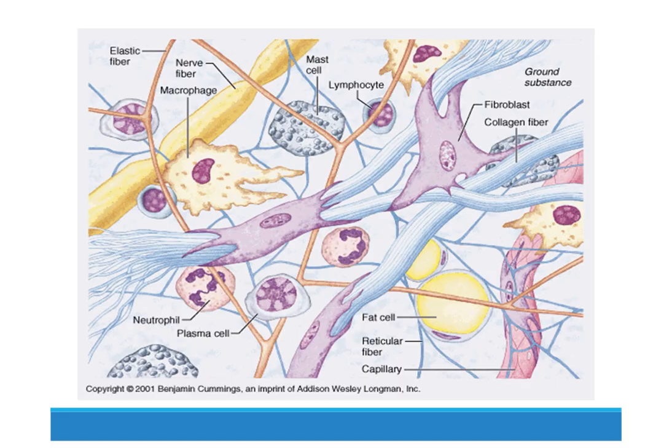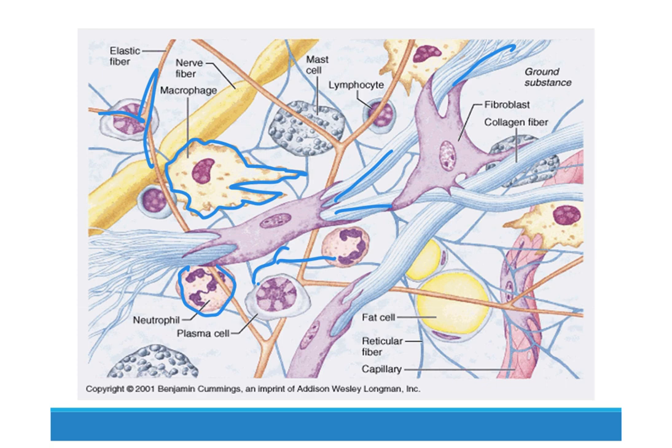This illustration tries to give a picture of what it looks like. So there's a lot of space in between things. We have these collagen fibers. We've got some smaller reticular fibers and elastic fibers all mixed in. Here are some of your macrophages, a type of white blood cell that can move. It's phagocytic. It eats debris. It eats bacteria.